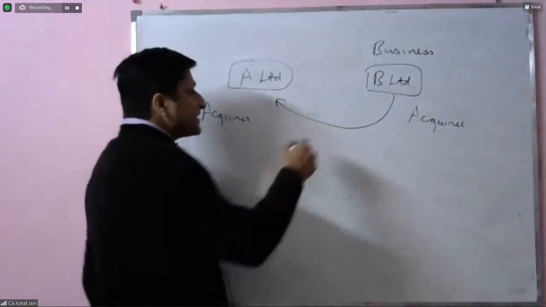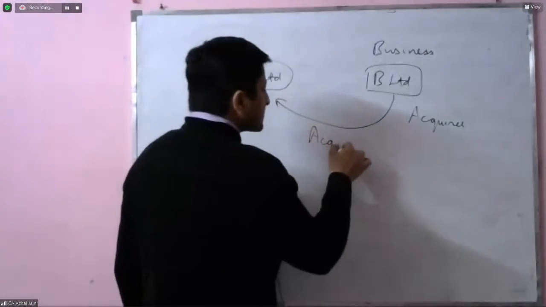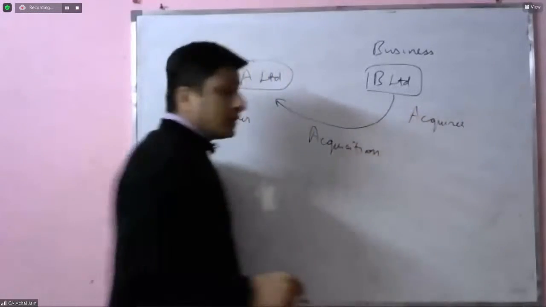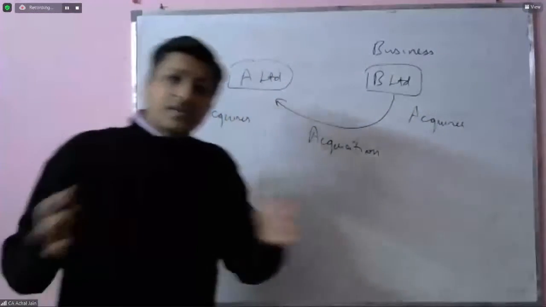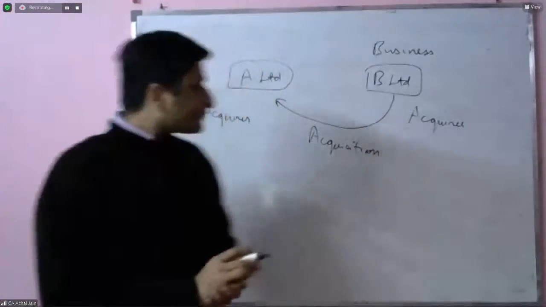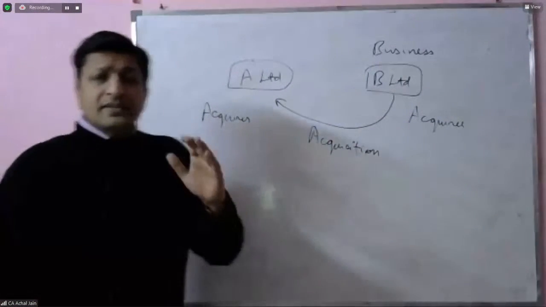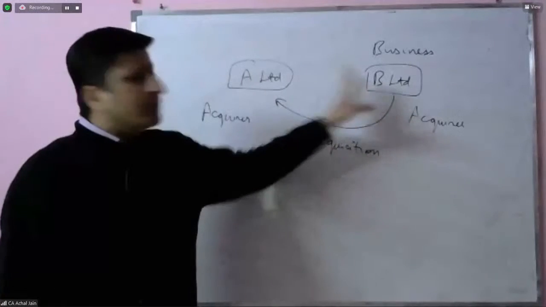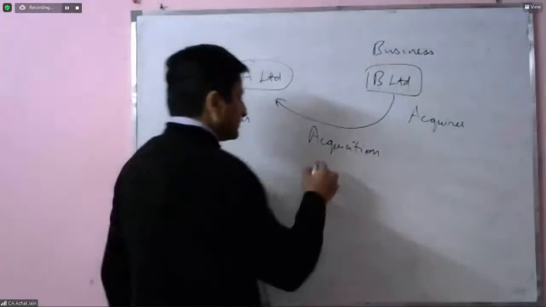Now, when this acquisition is taking place, this acquisition could be in various forms. Let's understand. It may happen that A Limited acquires 10% equity shares of B Limited.